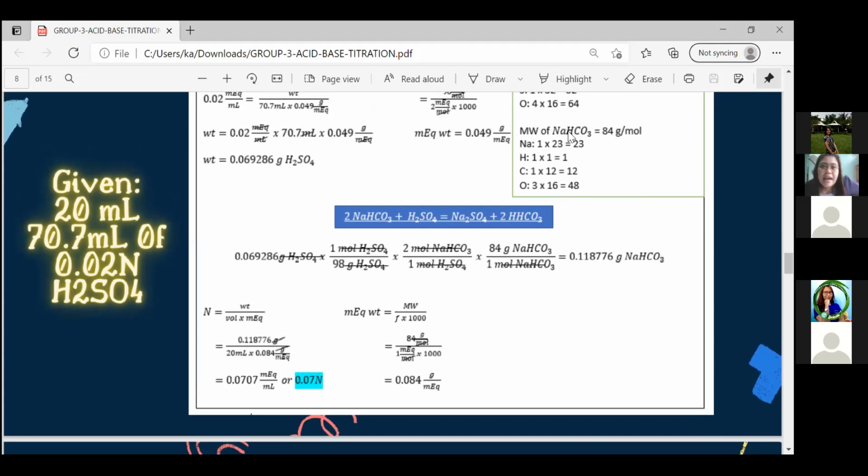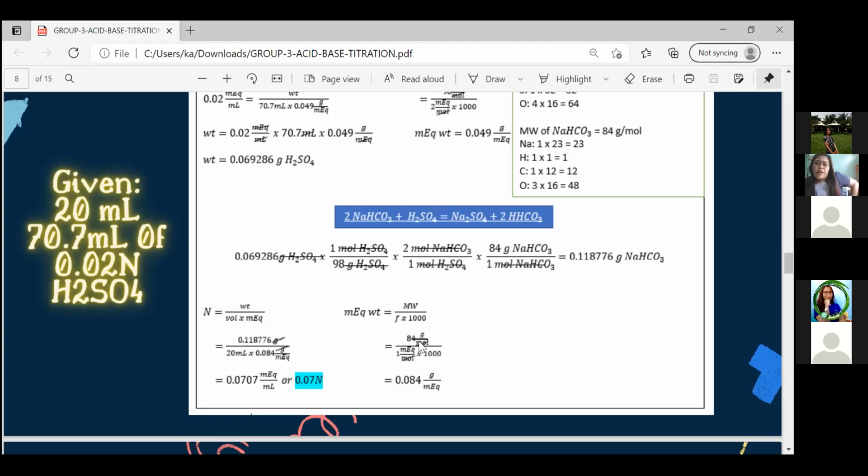And ang iyahang F is dependent on the total number of positive or negative charge niya. So sodium class is +1 and HCO3 is one entity. It's a polyatomic ion. So the charge is -1 also. So both sila 1. Kaya ang F for sodium bicarb here is also 1.